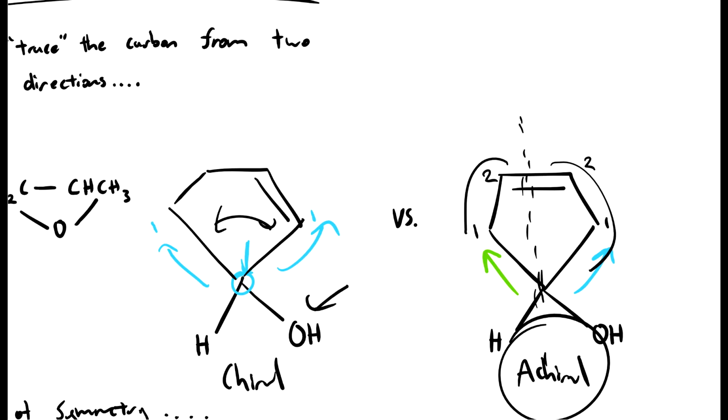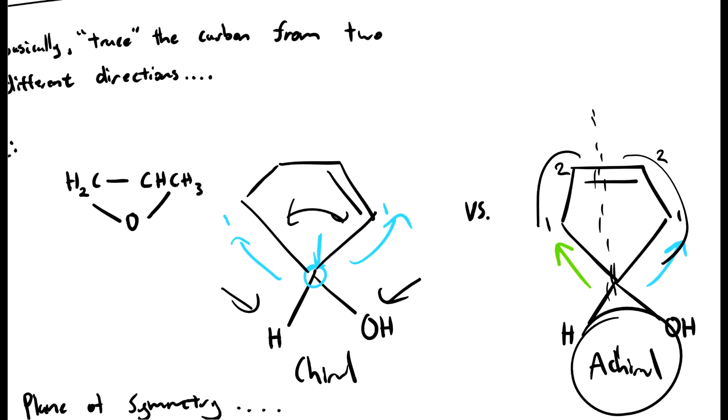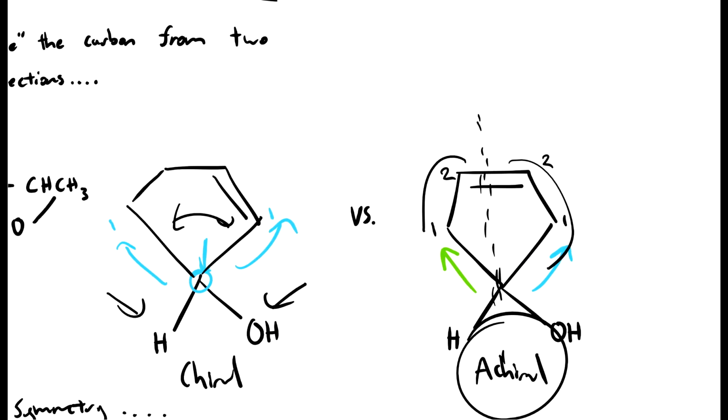Then you have this alcohol group and also this hydrogen, and so this would make it a chiral compound because you have 1 chiral center. And if you have 1 chiral center, then it's going to be a chiral compound. However, we'll get into special cases in the next video where you might have 2 chiral centers, but the whole compound itself could be achiral.